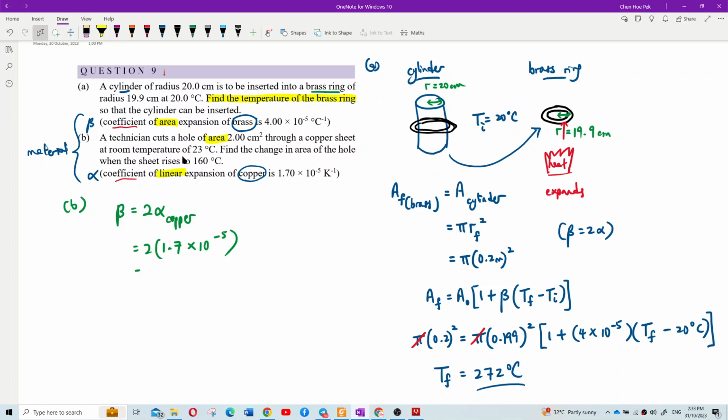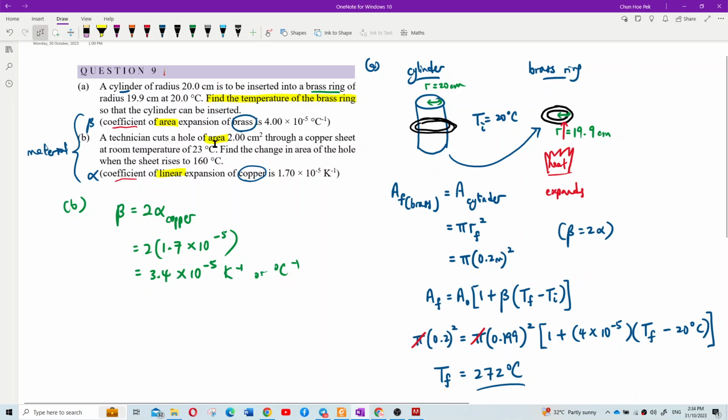So what's the answer? 3.4 exponent negative 5 per Kelvin. You can use either per Kelvin or per degree Celsius. Never mind, both units are accepted.